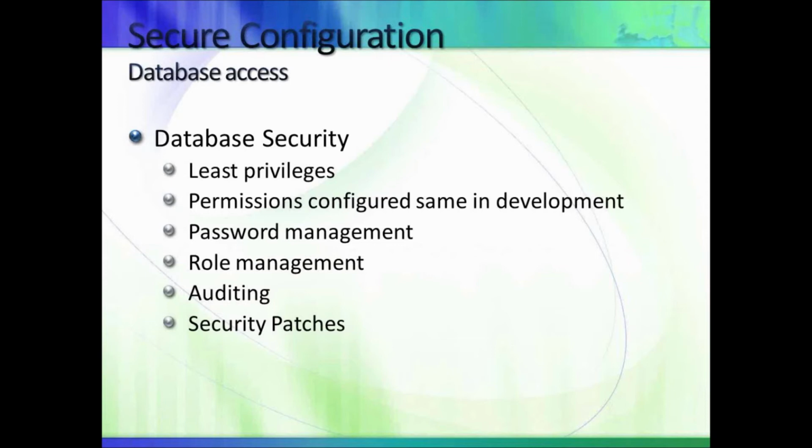You also want to have some role management where you're looking at the roles and managing how those permissions change, and the auditing part. Security patches, I'm going to mention briefly here that it is a very important part of securing the Oracle database, and applying those patches is something that should be done fairly regularly, on a quarterly basis, maybe twice a year.